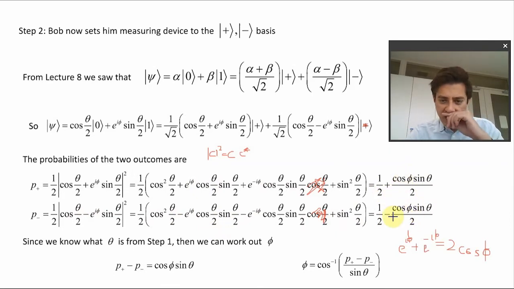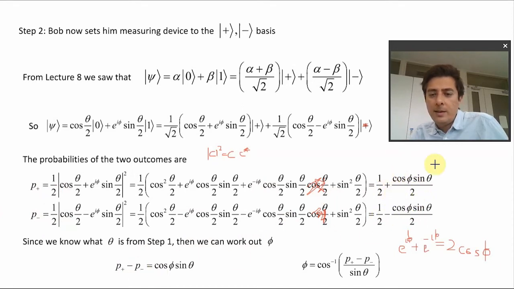Okay, so what we can do here to work out what phi is, is simply to rearrange these equations. So we've got whatever these probabilities are from Bob's experiment. For example, if we subtract p plus from p minus, then we'll just cancel out this half, and you'll get cosine phi sine theta.